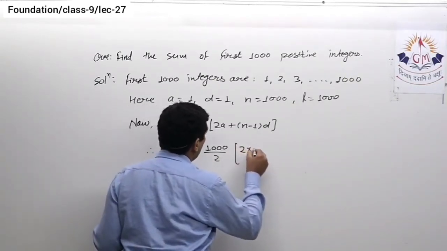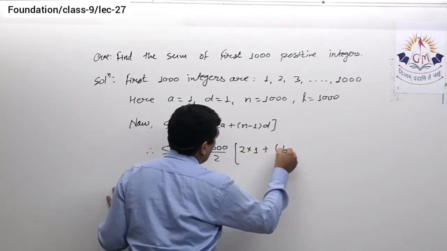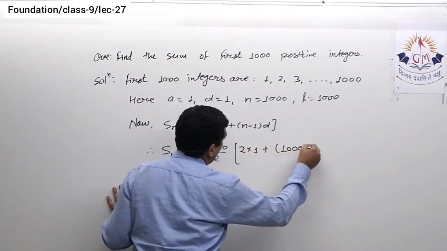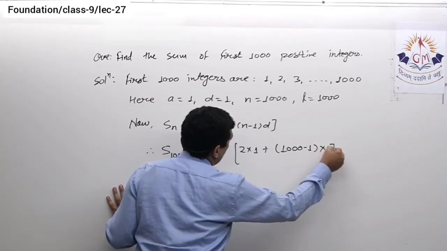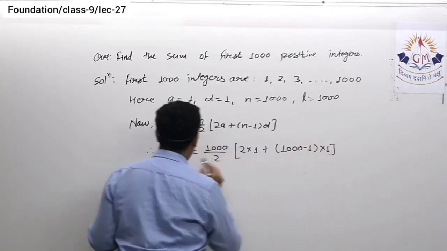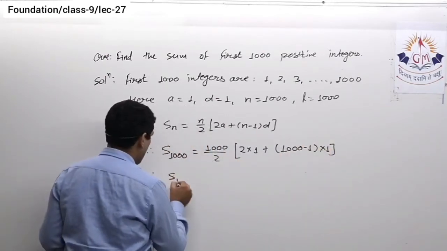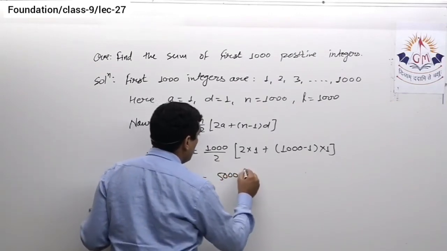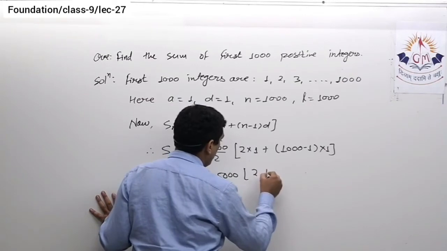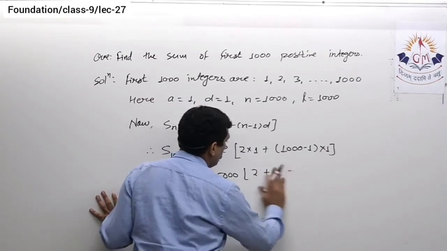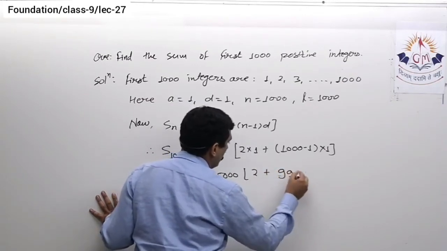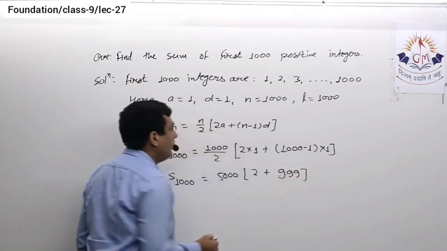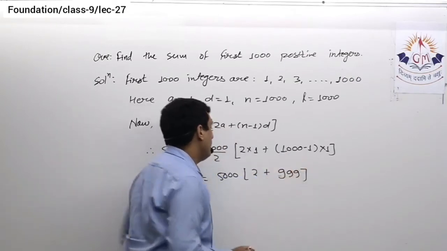So 2 into 1 plus 1000 minus 1 into 1, therefore S1000 is equal to 500 over here 2 plus 999. Okay, 1000 minus 1 is 999.